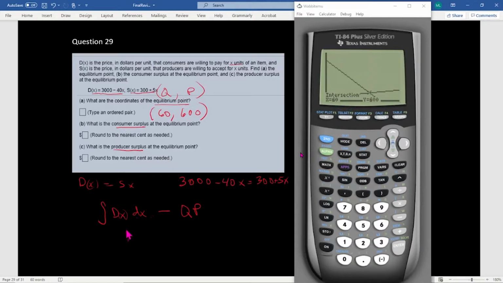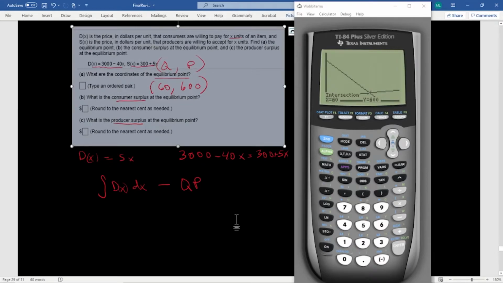Okay. So to do this, what is d of x? So we're going to integrate, and again, we go from 0 to q, right? That's the quantity. So we're going to go from 0 to 60.